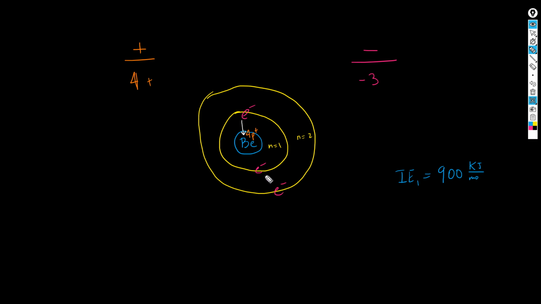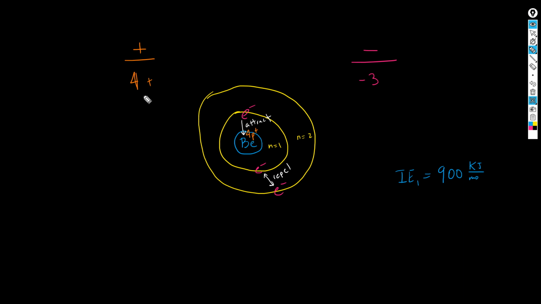Why? Electrons repel each other, but they are attracted to the nucleus. That is a very delicate balance: the attraction to the nucleus versus the repulsion between the electrons. When we remove an electron by doing the first ionization energy, we have lowered our repulsion because now we only have -3 as the negative side.